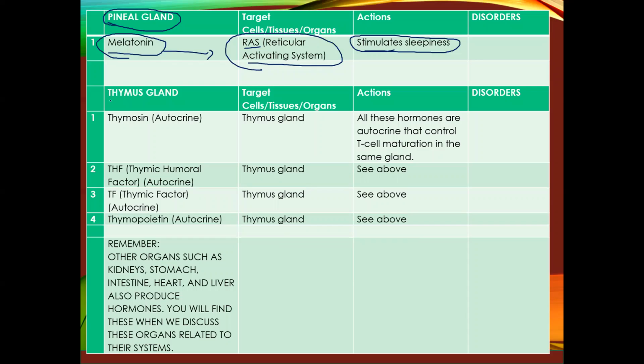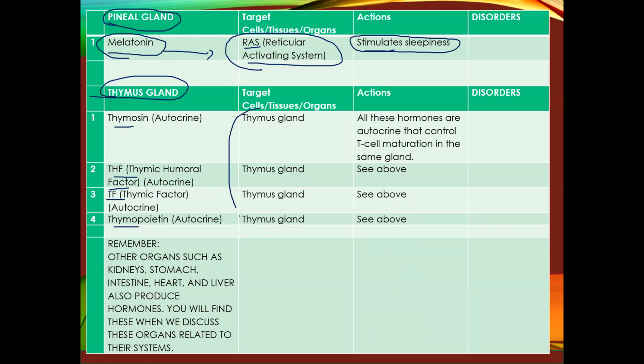And the next one is the thymus gland. This gland is located above our heart, and it actually produces 4 hormones: thymosin, thymic humoral factor (THF), thymic factor (TF), and thymopoietin.